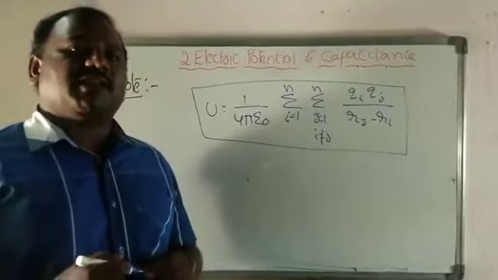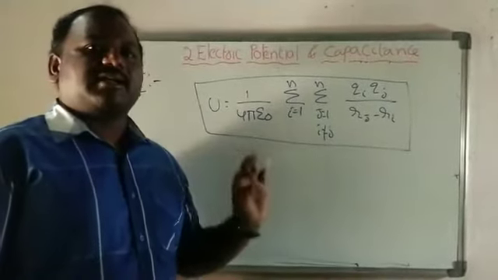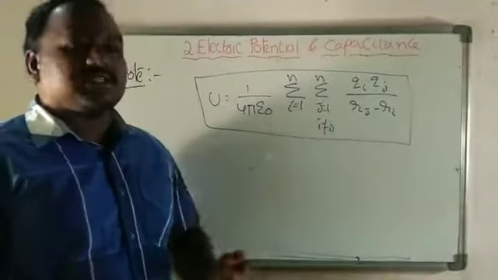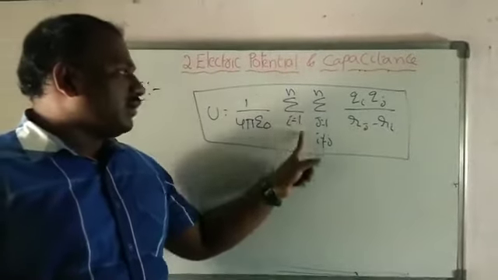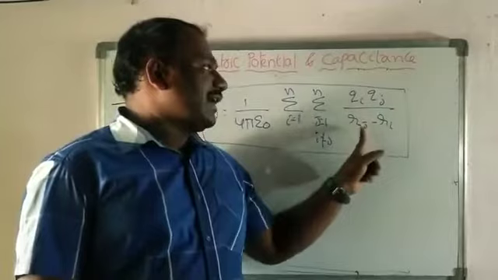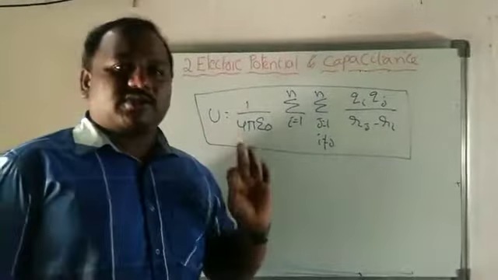That potential energy will be given by 1 by 4 pi epsilon naught, which is common, and here one charge is represented with i, the other charge with j, and we take sigma i equal to 1 to n, sigma j equal to 1 to n, qi into qj by rj minus ri, where i is not equal to j. Why?